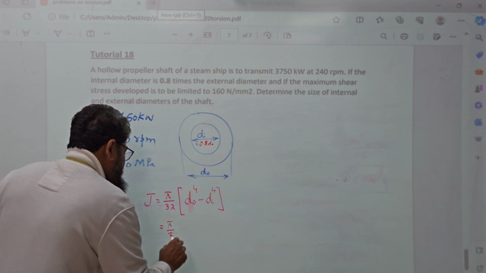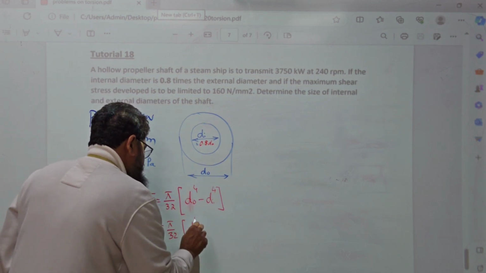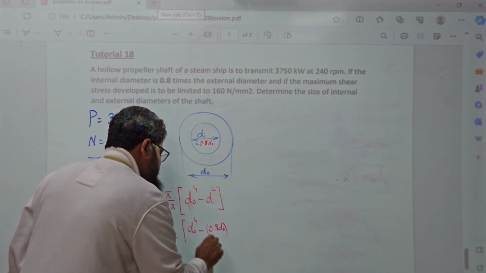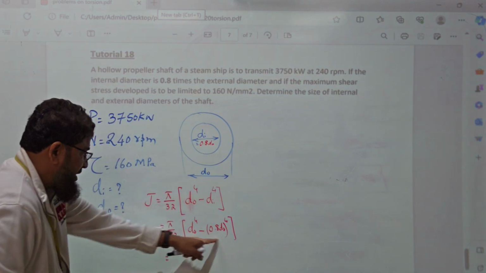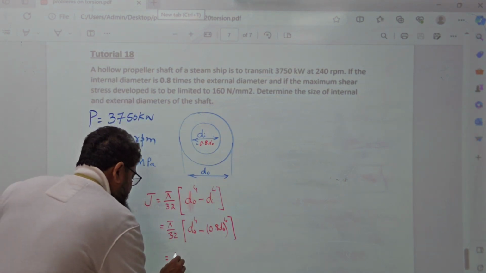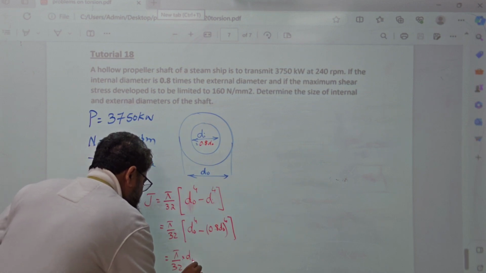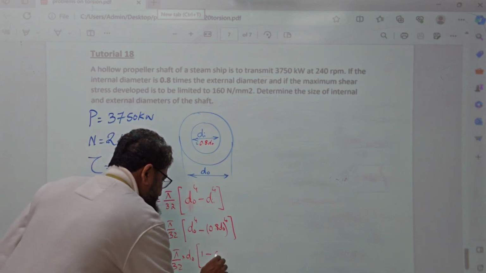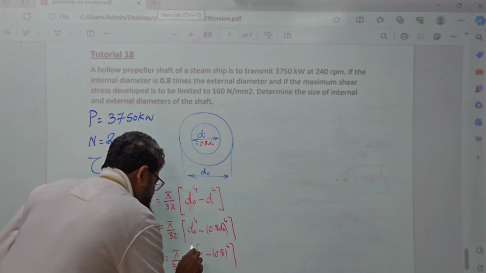Pi by 32 into D naught to the power of 4 minus 0.8 D naught to the power of 4. Okay, so what can I do here? D naught I can take out common. Pi by 32 into D naught to the power of 4 into, when D naught goes out, I have 1 minus 0.8 to the power of 4.